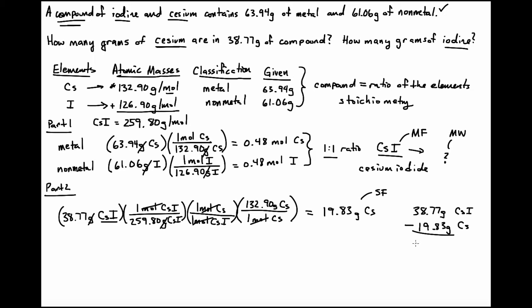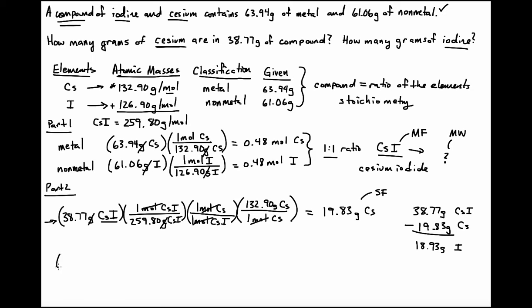So the remainder is going to be just subtracting that out to get 18.93 grams of iodine. But let's go through and verify that using the same calculations we did here.